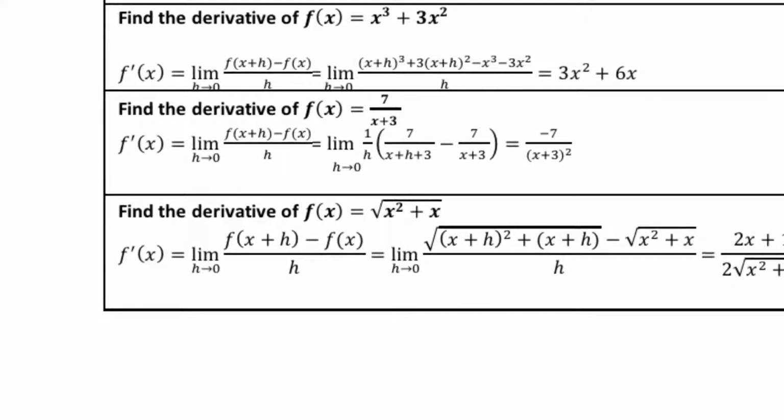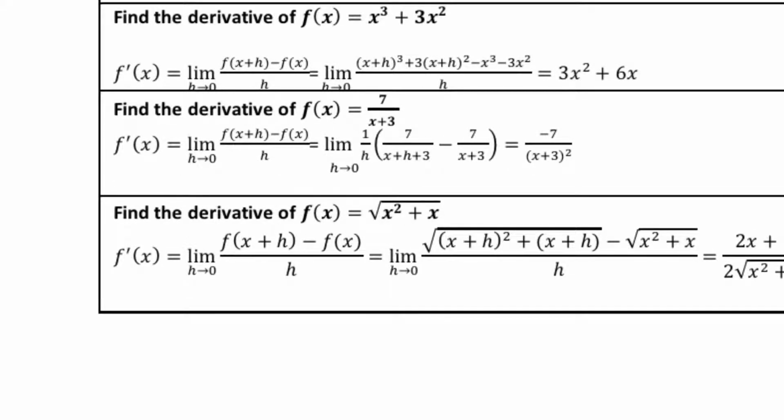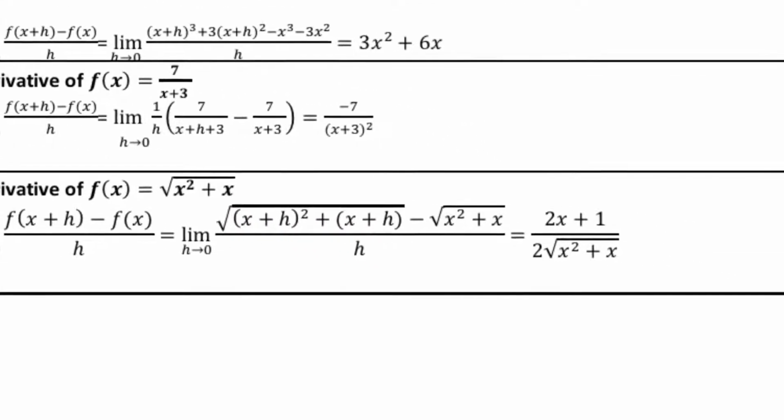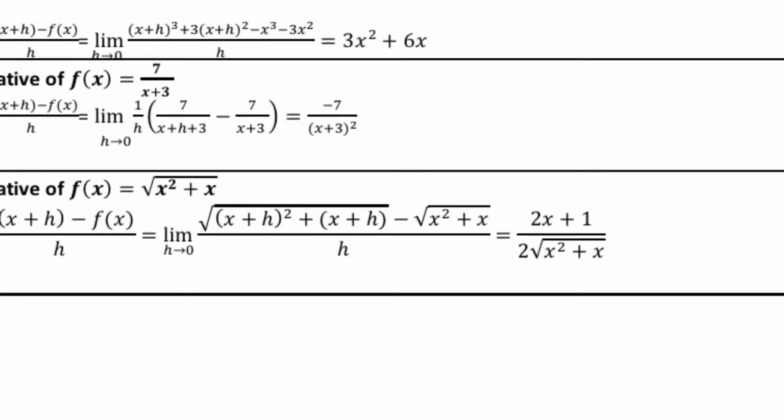Next example, the derivative of f of x equals the square root of x^2 plus x is the limit of f of x plus h minus f of x over h as h approaches 0.